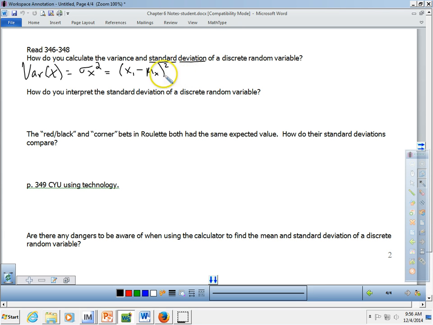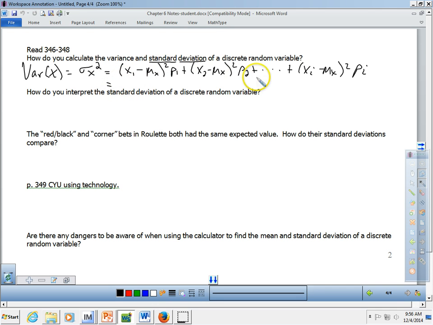We take the weight of this value and multiply it. And that is your way of averaging this. And so we do this for each term. Okay? And we keep going until we get down to the last term. Okay? And we add all those up.